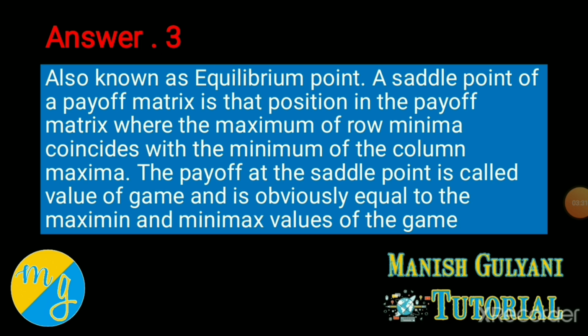So that point is known as saddle point in simple language. Where the gain of one player is equal to loss of another player, means when all three values are the same. All three values means your maximin value, minimax value and your common value, corresponding value against maximin and minimax. When all these three values are the same, the case is saddle point.